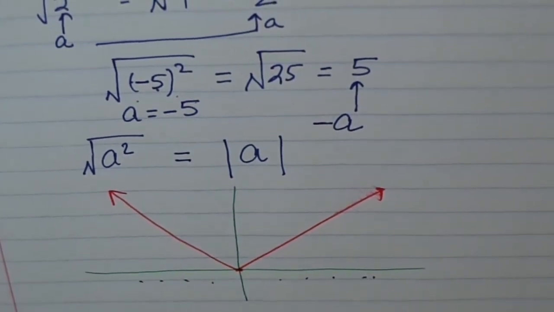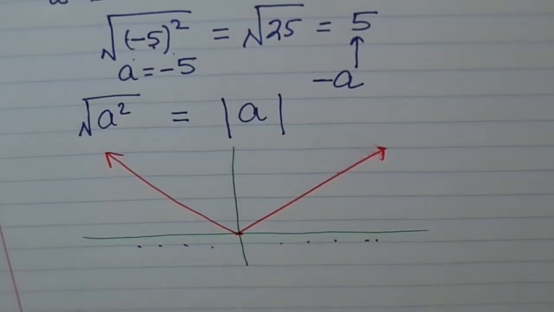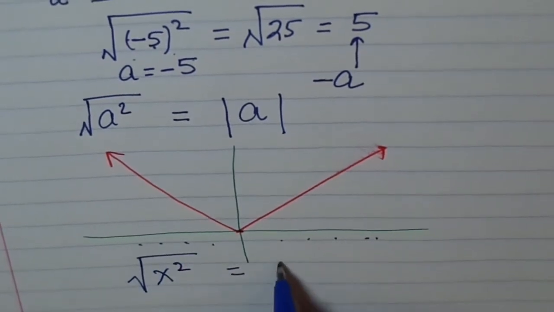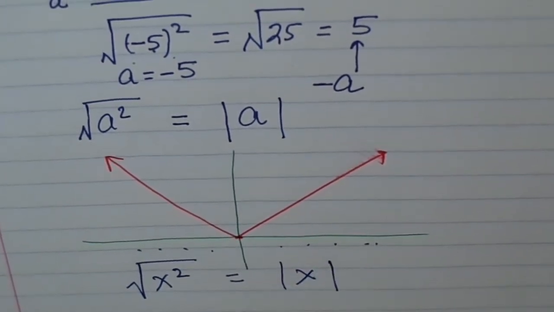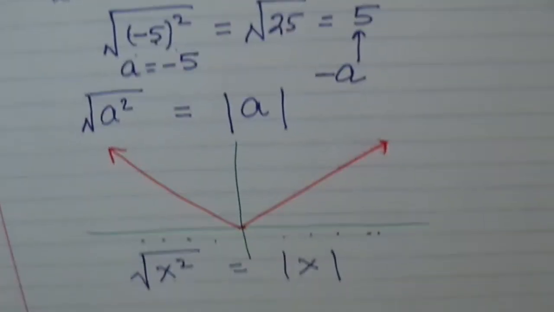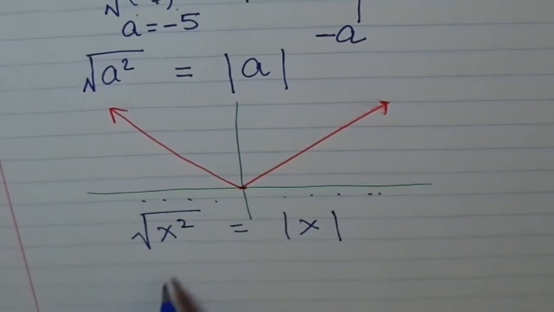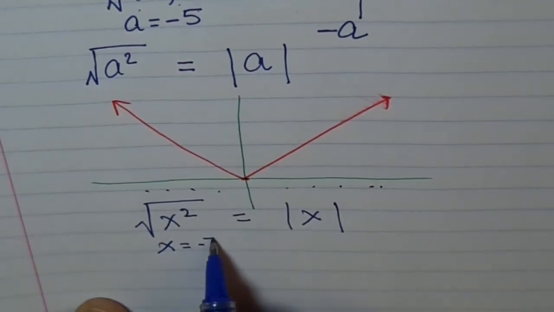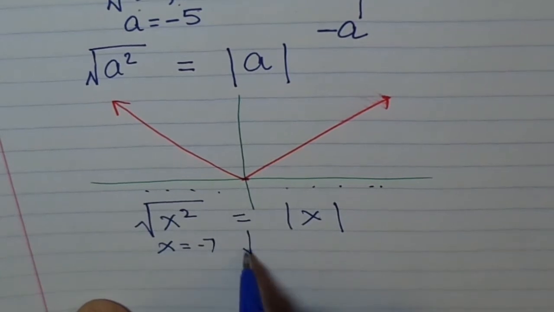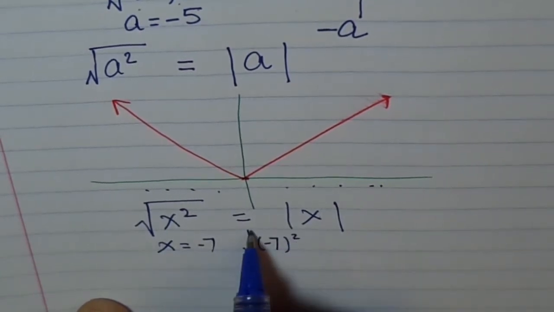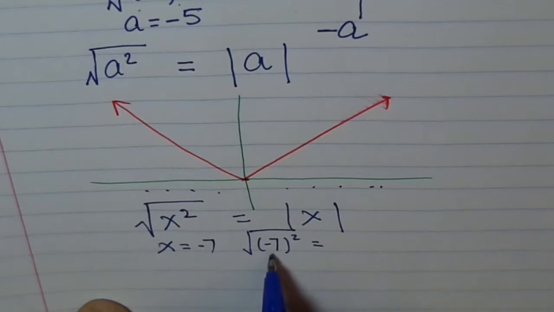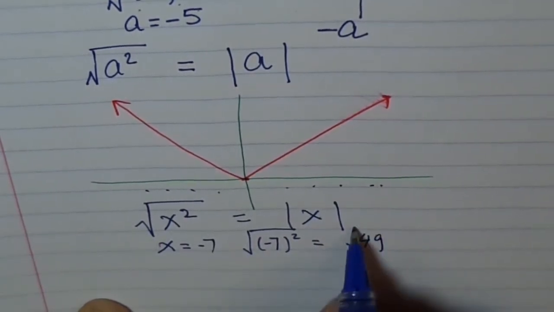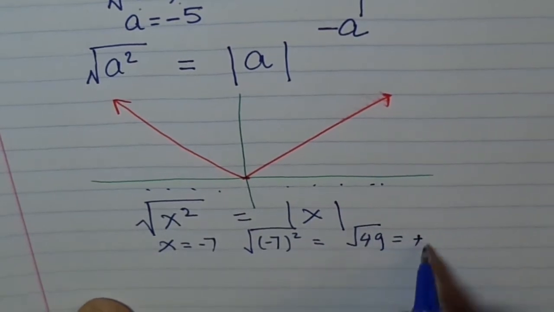So in general, I can write the square root of x square is equal to the absolute value of x. Correct? Because as you saw, if I take x equal to, let's say, minus 7, then the square root of minus 7 square is not minus 7 but plus 7, because this is the square root of 49, which gives us plus 7.